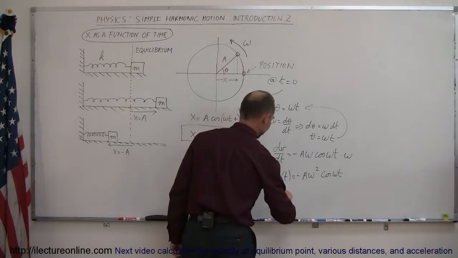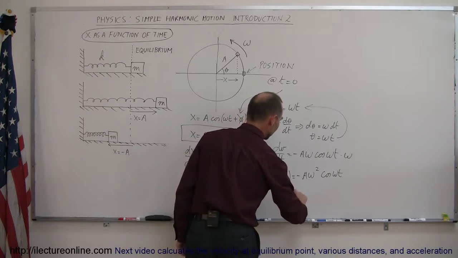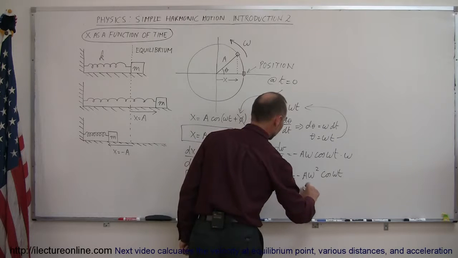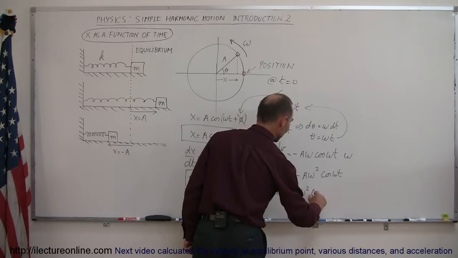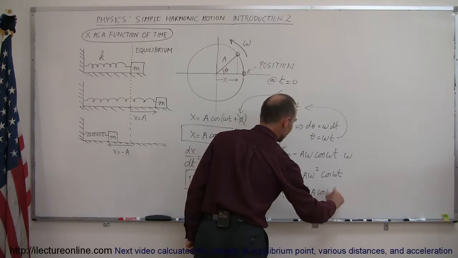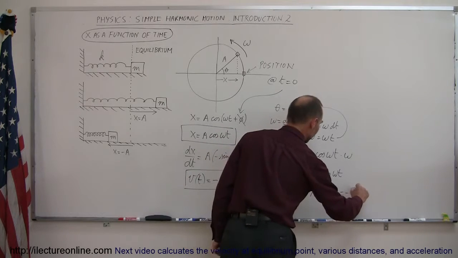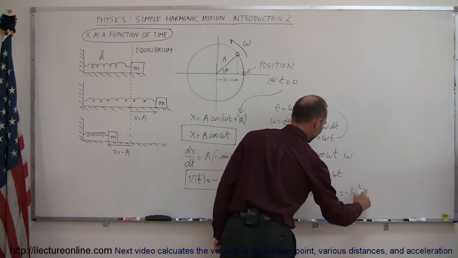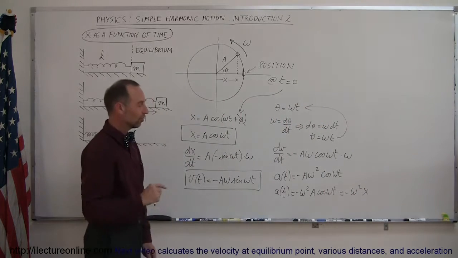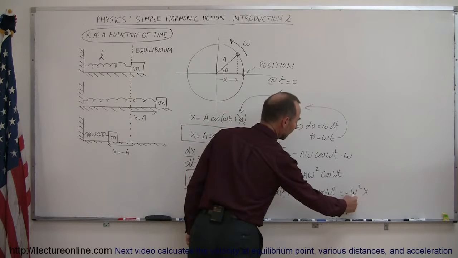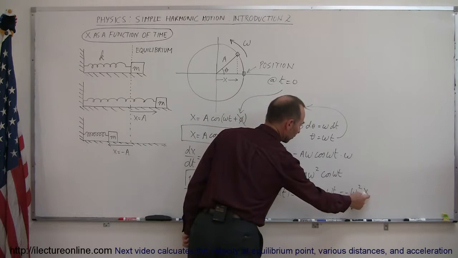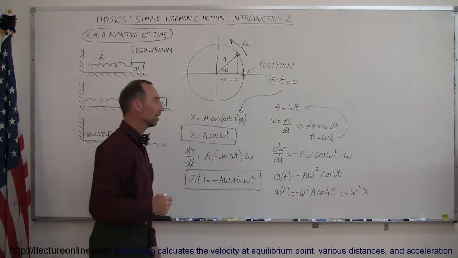So we can also say that the acceleration as a function of time is equal to minus omega squared times a cosine omega t, which is equal to minus omega squared times x. So now you can see the relationship between the acceleration as a function of time and the acceleration in terms of its position and how fast it's oscillating back and forth.